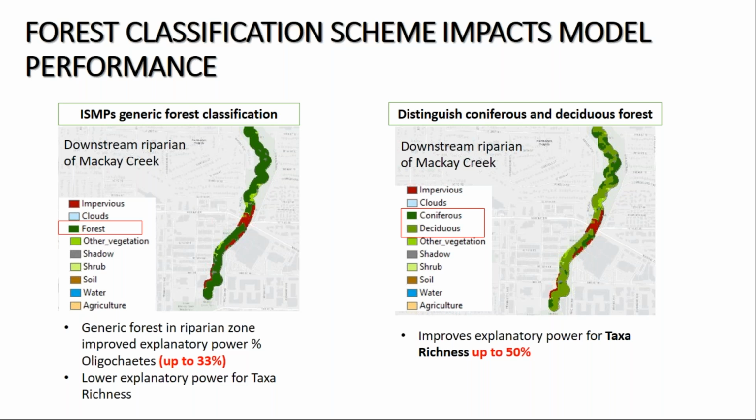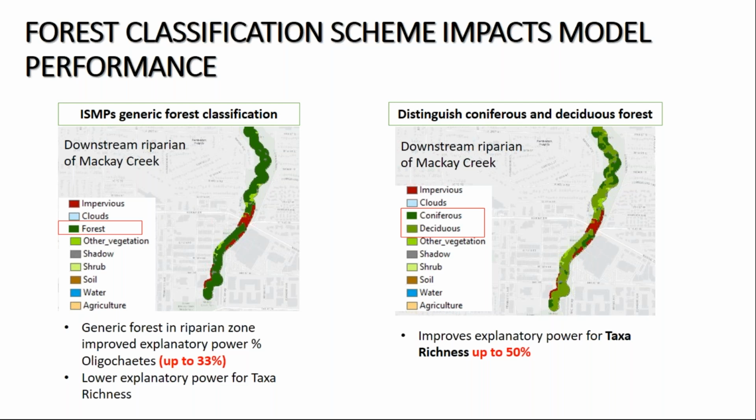For some indicators, that works just fine. What we found, though, is distinguishing coniferous and deciduous forests did a better job for taxa richness. So in that case, it improved the explanatory power, and we were able to explain about 50% of the variability in taxa richness in streams.